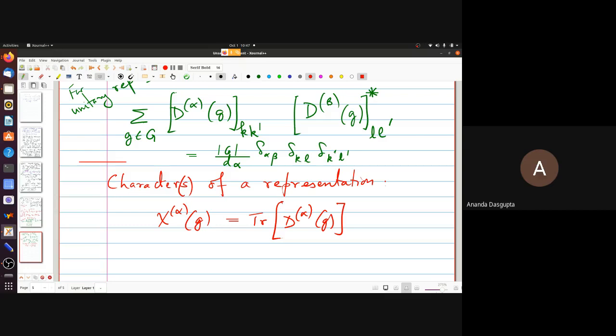Take the matrix representation. That means you have a matrix for every one of your group elements. You take the trace of every one of those group elements. That's just a number, and you assign that to a function. This is a function which maps the group elements to a number. Okay, that clear?